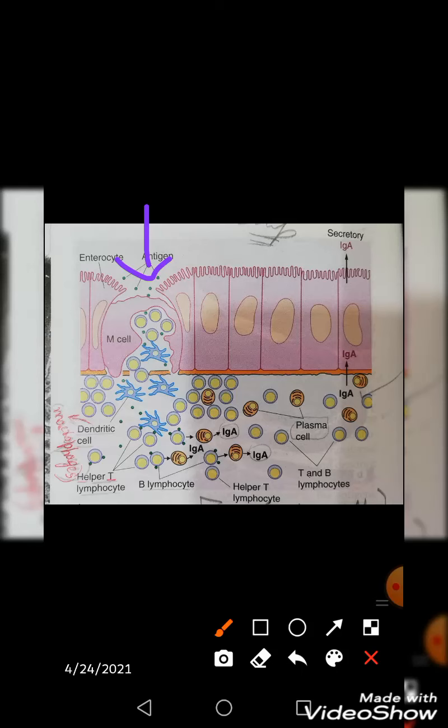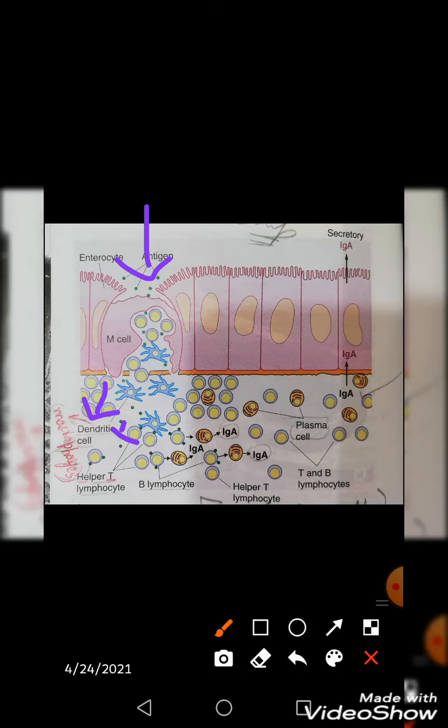What they do is endocytose these antigens and convey them to the macrophages, and after being processed, they reach the lymphocytes. The dendritic cells mentioned here are the macrophages.